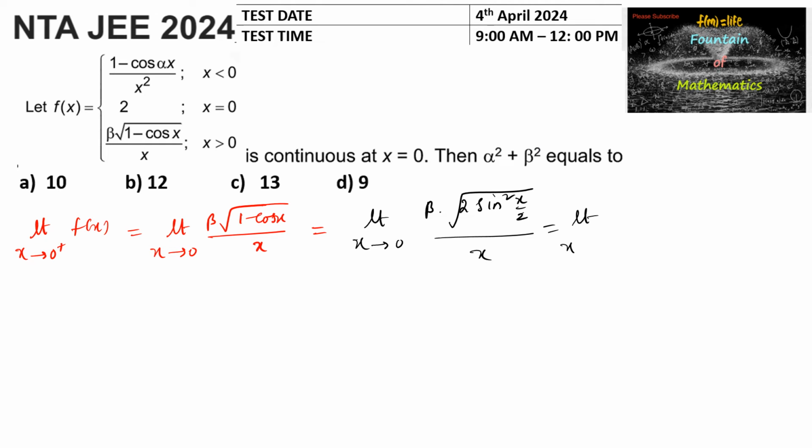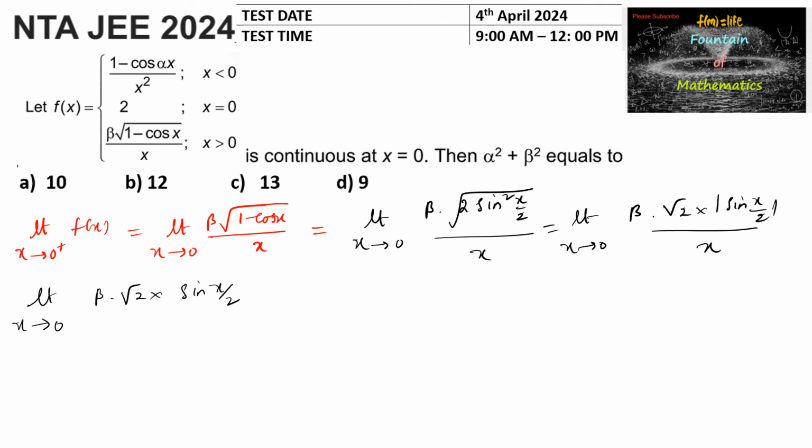Which is equal to limit x tends to 0 beta times root 2 into mod of sine (x upon 2) divided by x. So let's multiply and divide with 2 in the denominator. Limit x tends to 0 beta times root 2 into sine (x by 2).